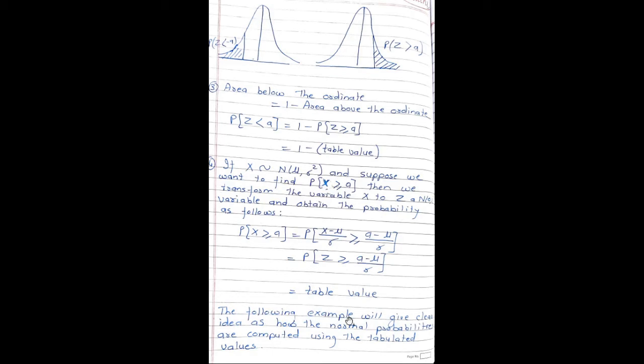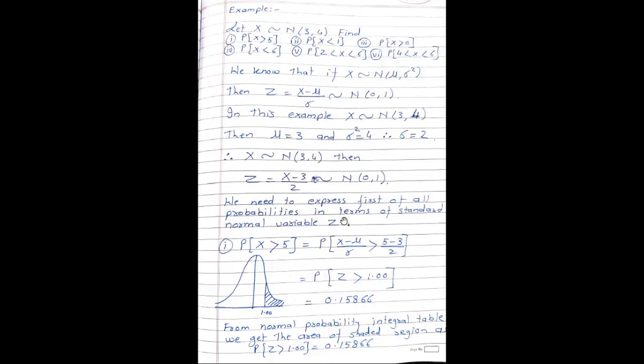The following example will give a clear idea of how the normal probabilities are computed using the tabulated values. Let x follow normal with 3, 4, that is, mean is 3 and variance is 4.